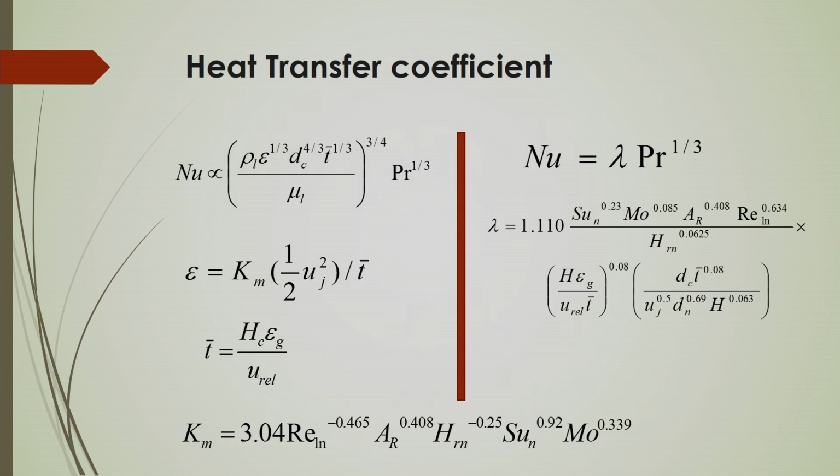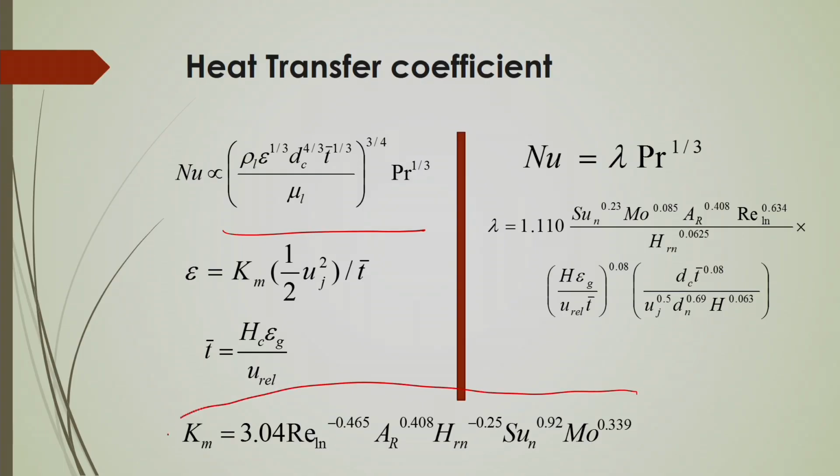And the heat transfer coefficient is a function of the Prandtl number. From this equation you can calculate the Nusselt number, and from the Nusselt number you can easily calculate the heat transfer coefficient. This heat transfer coefficient depends on the Prandtl number, and also on how the mixing happens inside the column.